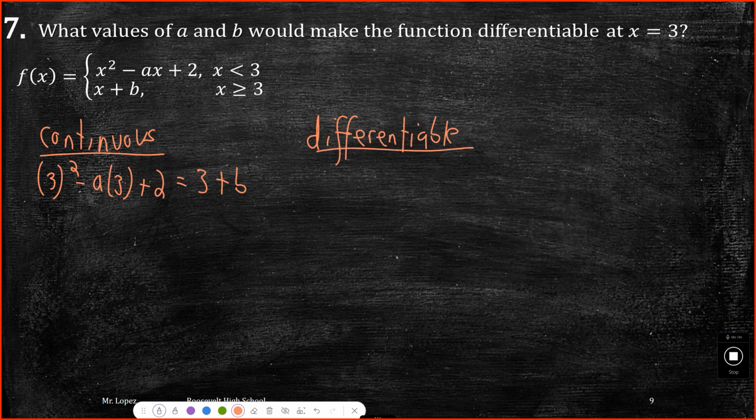And if it is differentiable, then we can take the derivative coming from the left and from the right. So f prime of x from the left has to equal the one coming from the right. They have to equal each other.